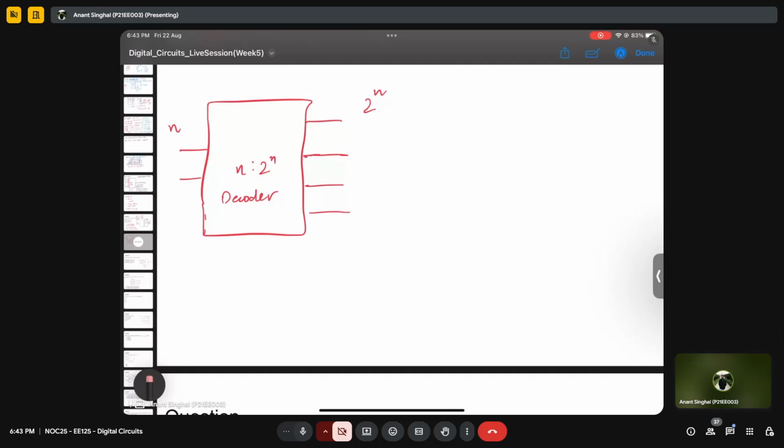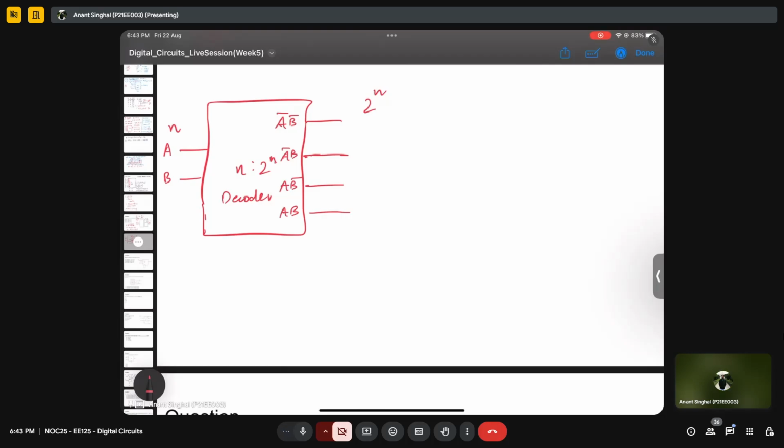So basically what it does is, let's say this is A B. So here what we'll have is a bar b bar, that is 0. Here we have 0 1, here we have 1 0, and here we have AB, that is 1.